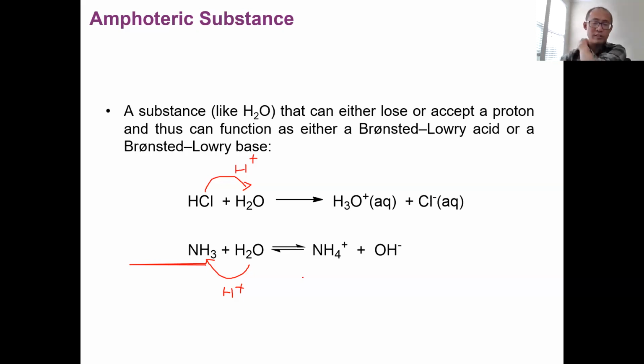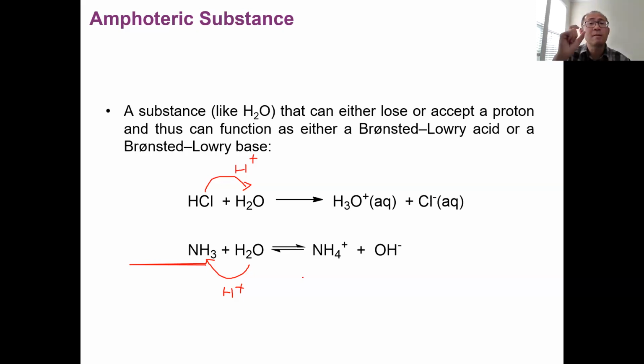One extra point: what makes a substance amphoteric? First, it has a hydrogen that can be donated as a proton. That's number one. And also it has a lone pair that can accept a proton. Remember, water accepts a proton and becomes hydronium, making a bond with the proton using the lone pair on the oxygen.